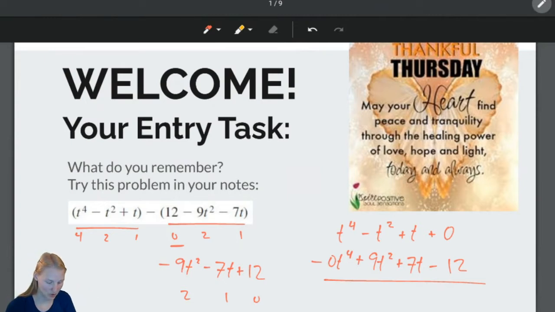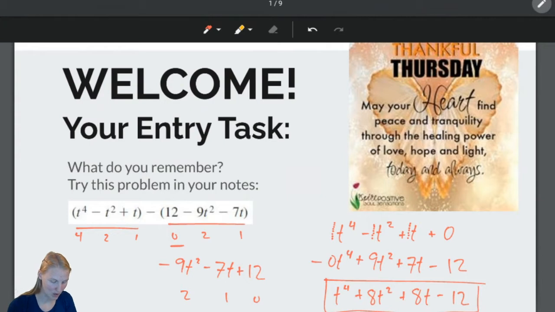All right, and now we just have to add, and remember this is like 1 t to the fourth, minus 0 is just t to the fourth, negative 1 t squared plus 9 is 8 t squared, positive 1 t plus 7 is 8t, and 0 minus 12 is negative 12.